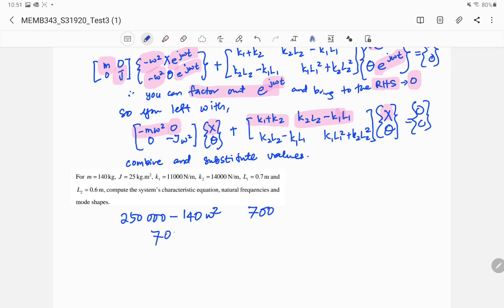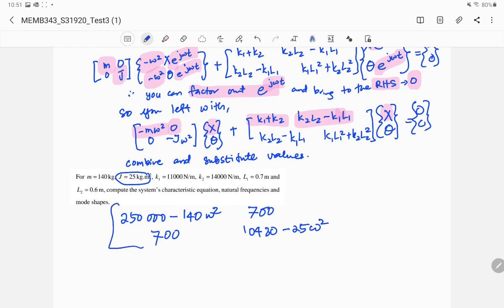Same for the second row, k2l2 minus k1l1, and then your k1l1 square, you get 10430 minus 25. You may want to check how we substitute those values here. So negative 25 is basically your j value, omega square.